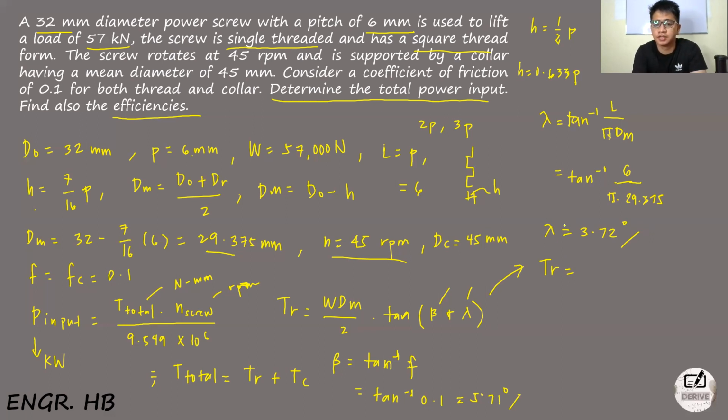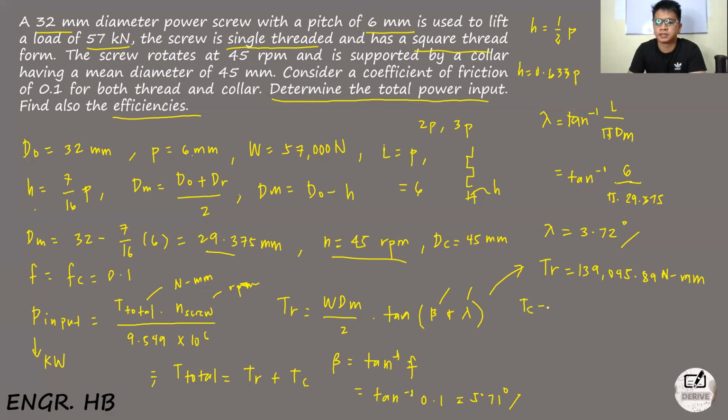Beta is 5.71, your lambda is 3.72. We have this answer in Newton mm, 139,045.89 Newton mm.